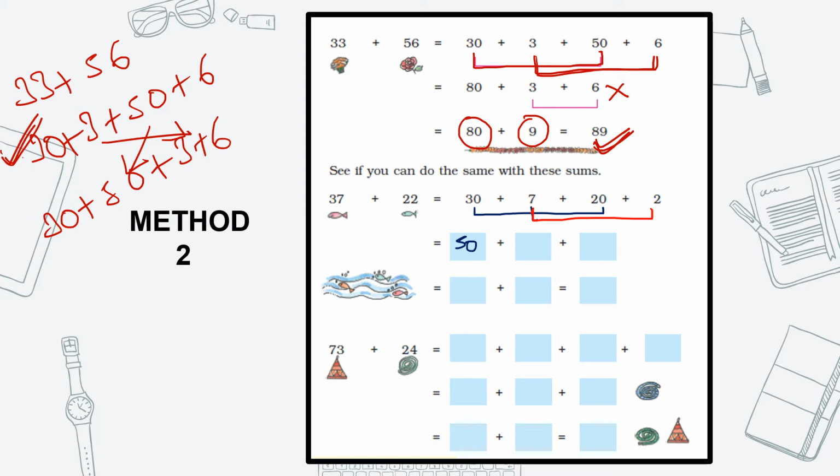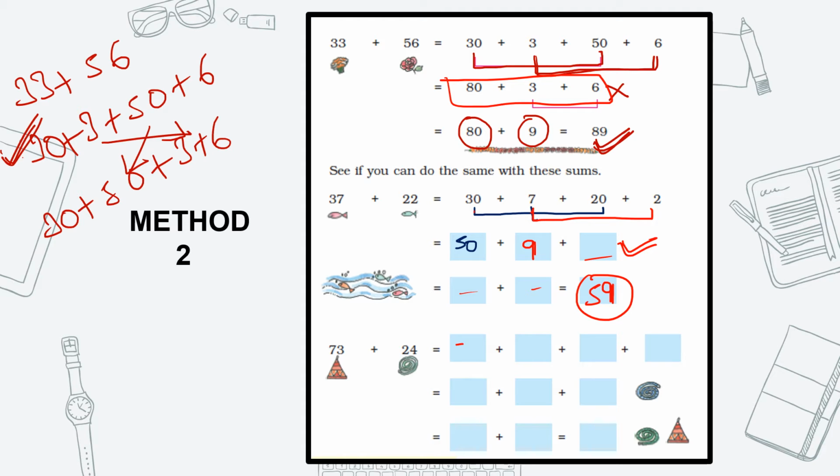And 7 and 2 gives us 9. So we have 59 as the answer. We have missed one step, this one. That's why we have the remaining boxes, okay? So don't worry about that. We can just ignore this step and make our calculation even faster, okay?